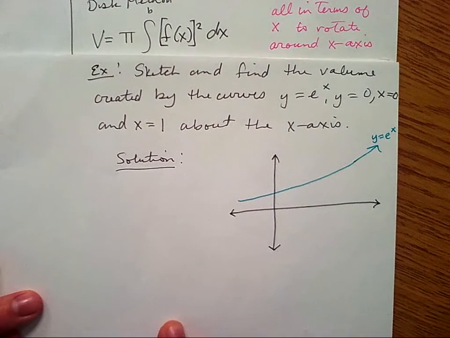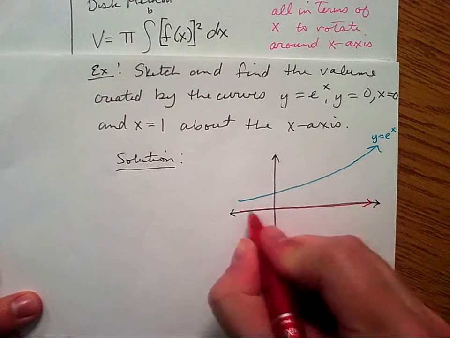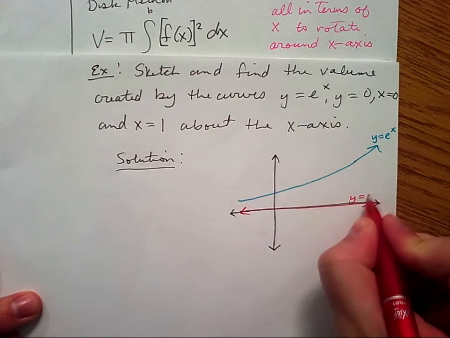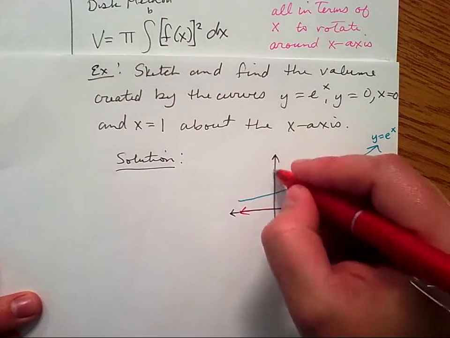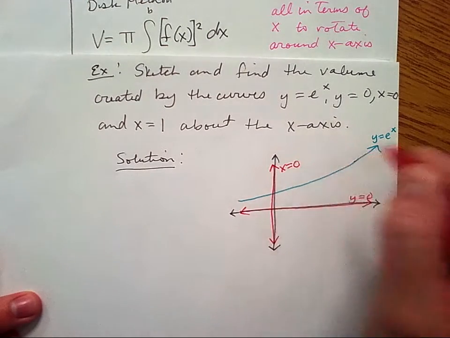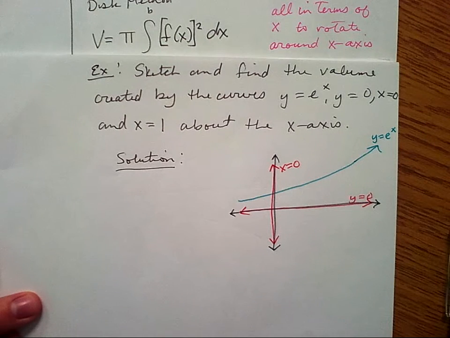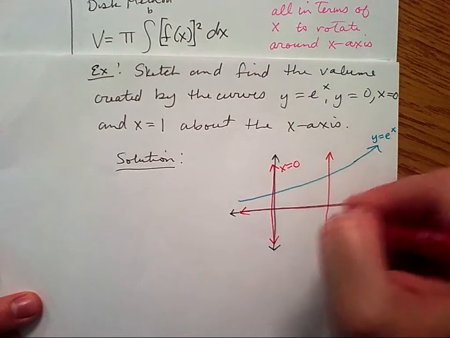Okay, y equals 0 is where? The x-axis. Where's x equals 0? The y-axis. And where is x equals 1? Here, right? It's a vertical line.